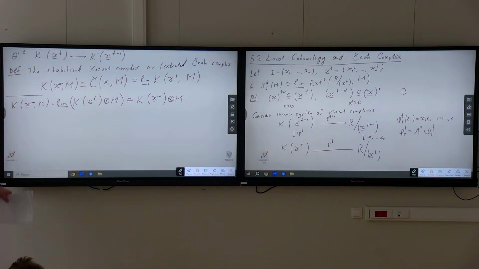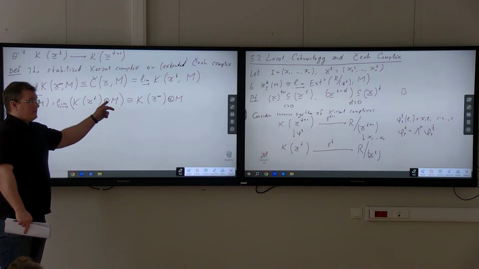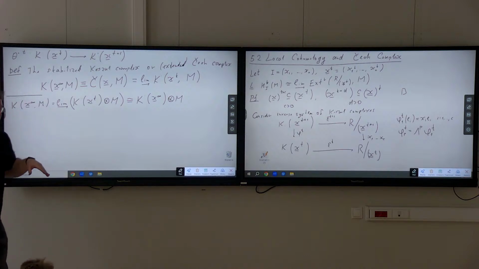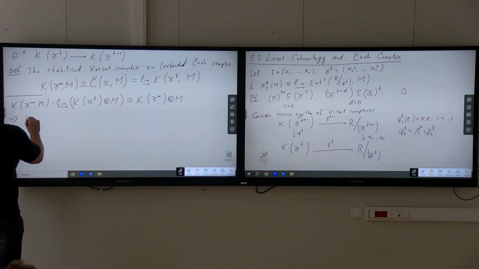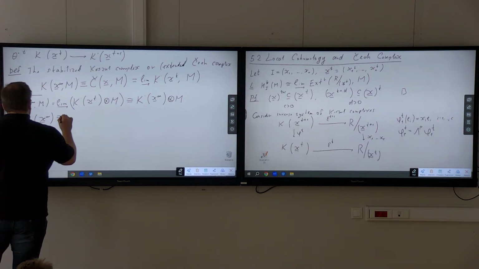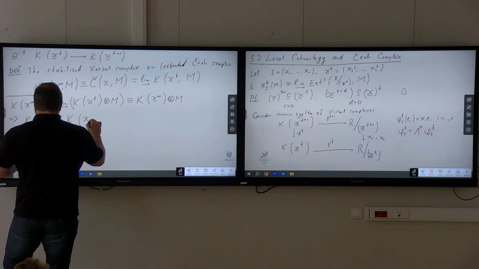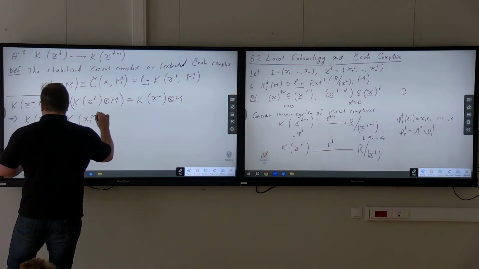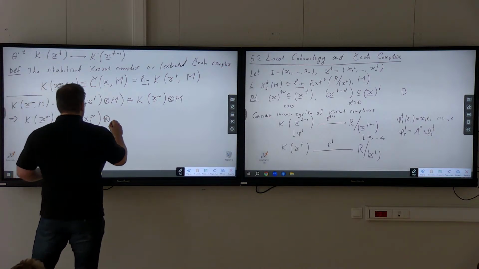And exactly by the same argument, I can write here not a module but another complex. Potentially I can define the notion of the Koszul complex with coefficients not in a module but in a complex. For example, I can do this with another Koszul complex. And if I do this, I'll get the following: the stabilized Koszul complex is isomorphic to the tensor product of the stabilized Koszul complexes, but each of them is just for one individual element.